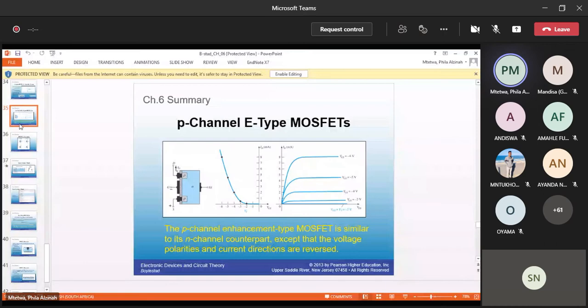The P-channel enhancement type MOSFET is similar to its N-channel counterpart, except that the voltage polarities and current directions are reversed. If it's a P-channel and an N-channel, the only difference will be in how you connect your batteries, so your polarities will be reversed.